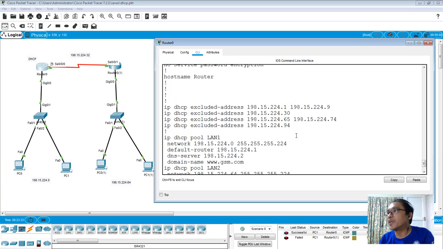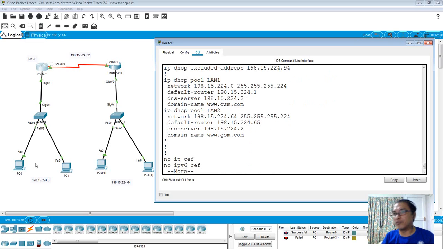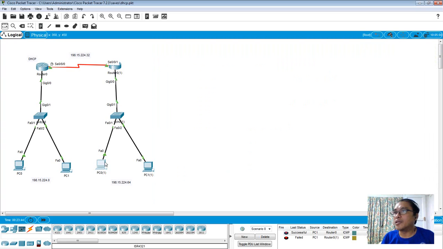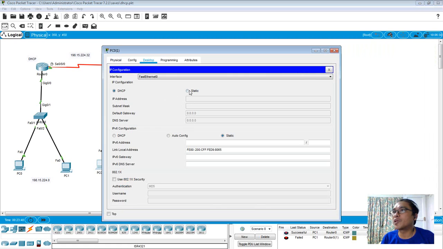Okay, and the addresses excluded, which this router cannot give to the host or the client. Okay, so can we now ask for an IP address here? Stop, static, then you go to DHCP. Voila.